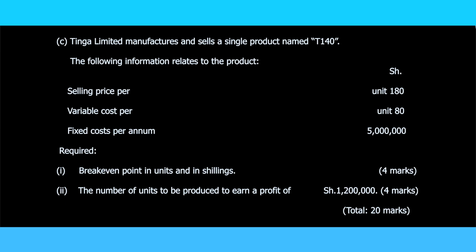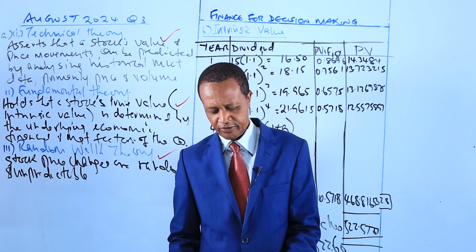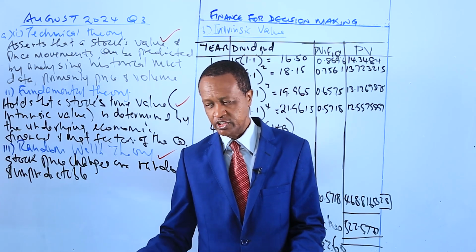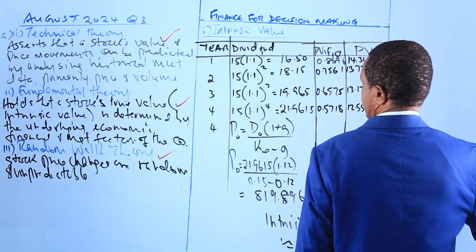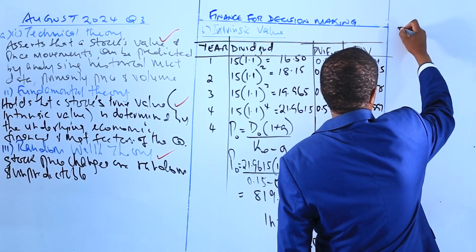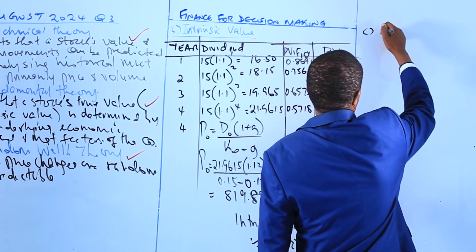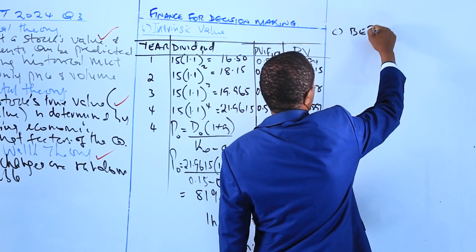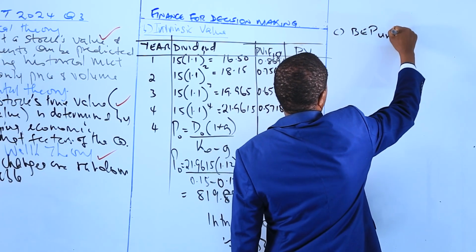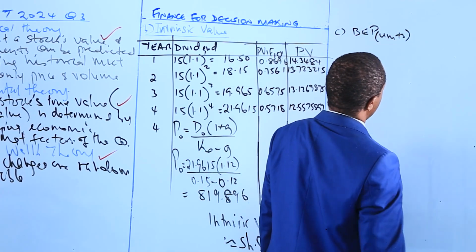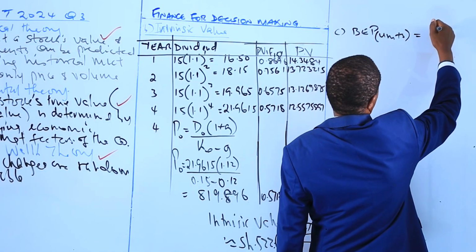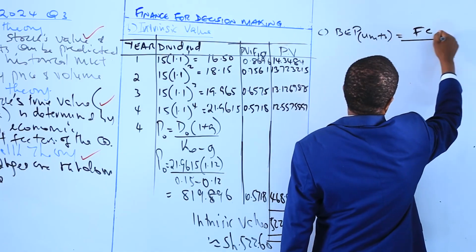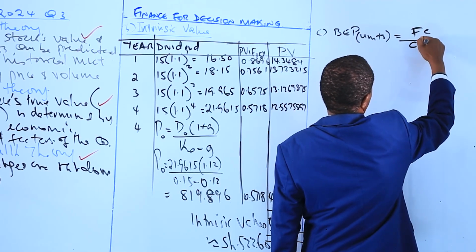That is the question. We need to calculate, first of all, the break-even point in units, then the break-even point in shillings. So this is part C. To calculate the break-even point in units, we know the formula is fixed cost over contribution margin.